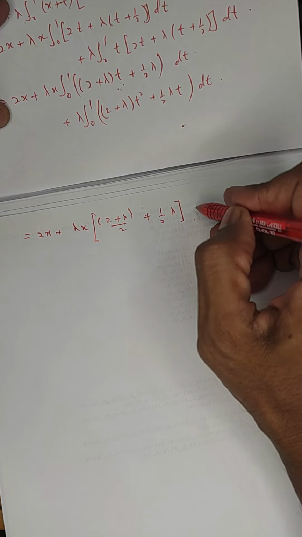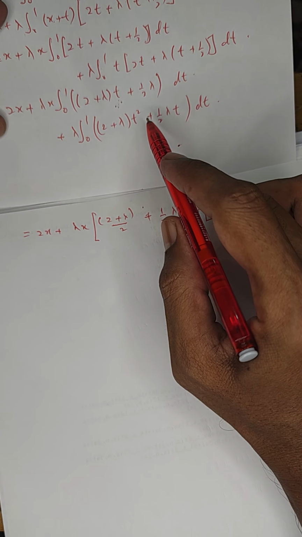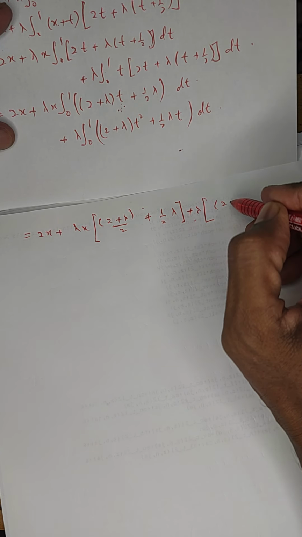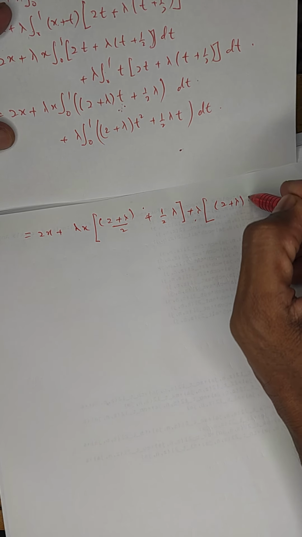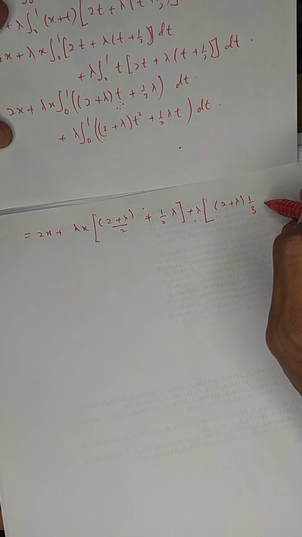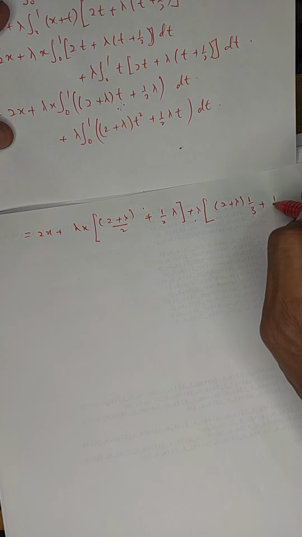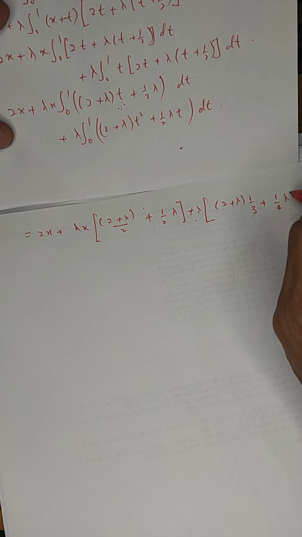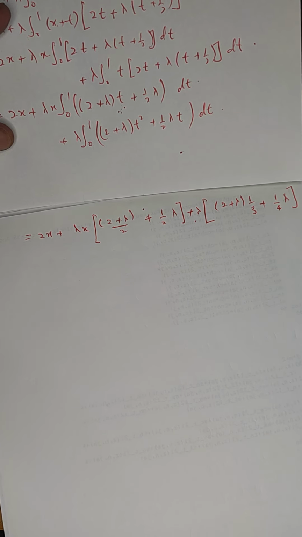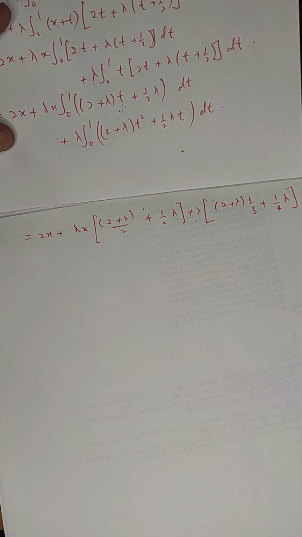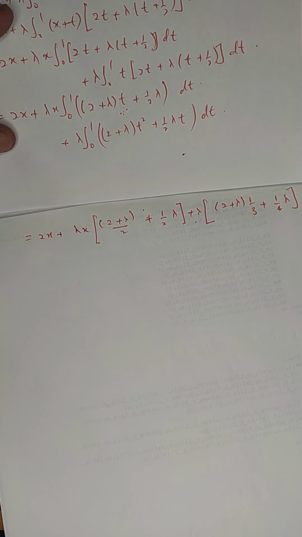And then for that one we have lambda integrate with respect to t, so t cubed, so we have 2 plus lambda 1 over 3 plus this one is t squared, so 1 over 4 lambda. Right, because t is 0 to 1.